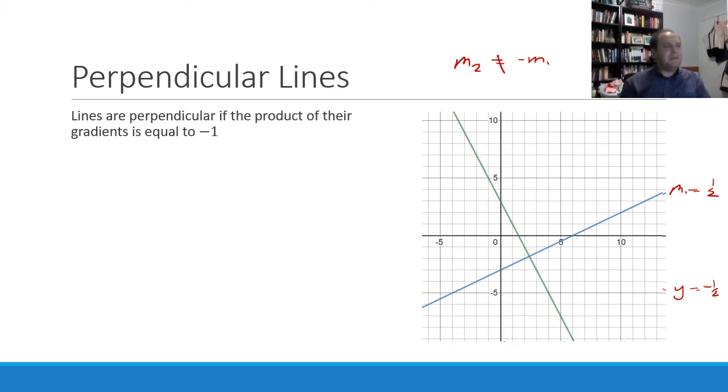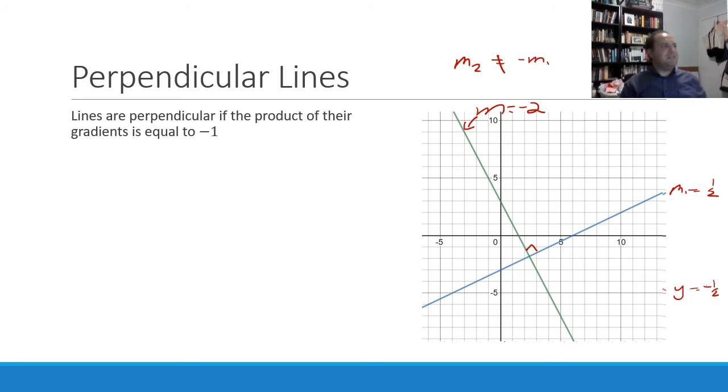But looking a bit more closely, these lines are now perpendicular. This line has a gradient of -2. So this gradient of -2 is perpendicular to this line with gradient of +1/2.